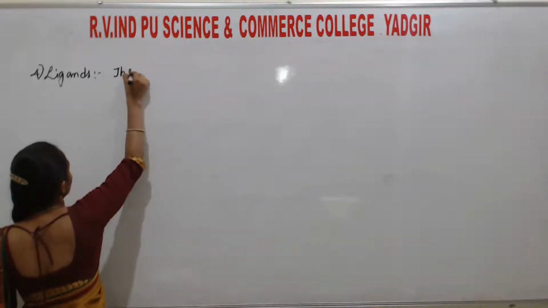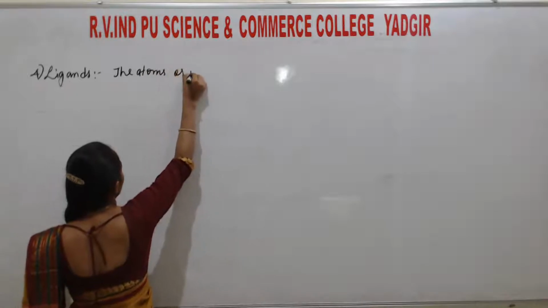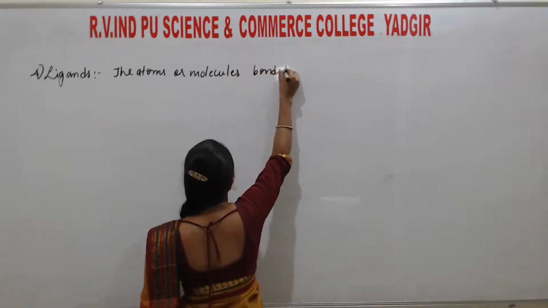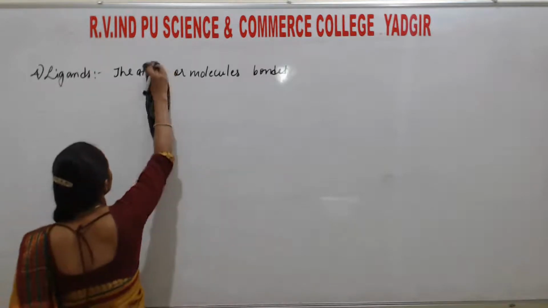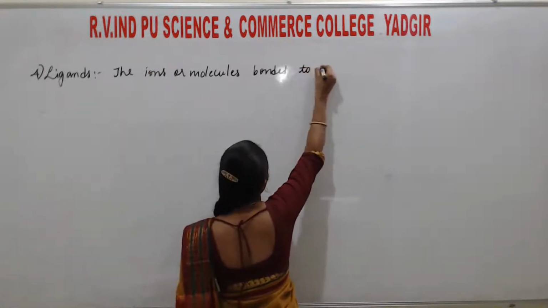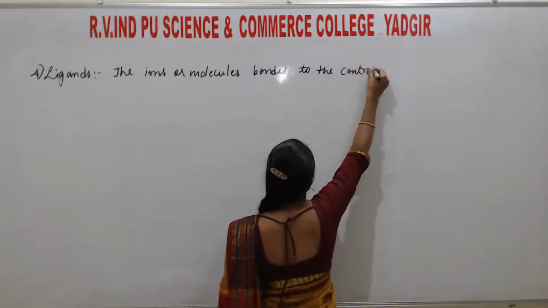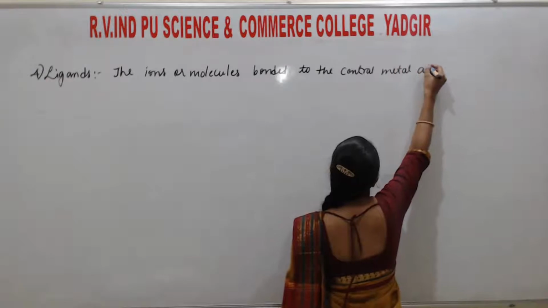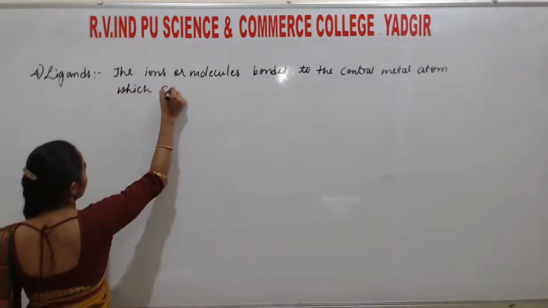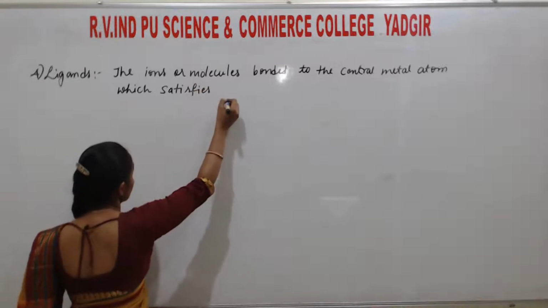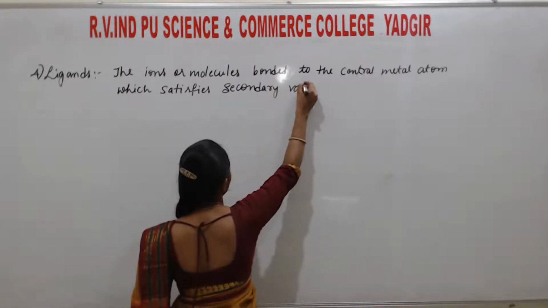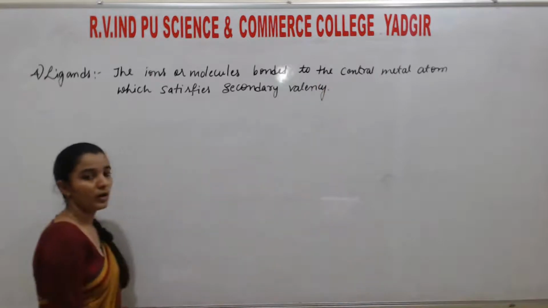The atoms or molecules, especially neutral molecules, ions or molecules bonded to the central metal atom, which satisfy the secondary valency, are called ligands.